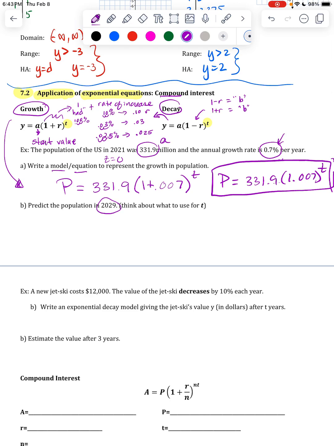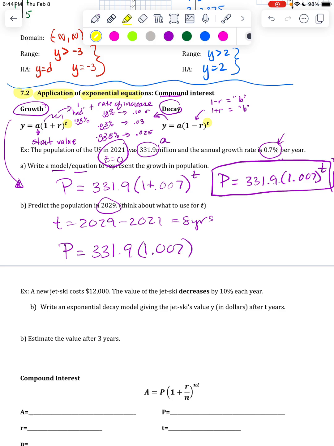Well, if your original time was 2021, you would find t by saying 2029 minus my start time of 2021 is 8 years. So I'm just going to put that in and say the population is 331.9 times 1.007. Notice that that b value is greater than 1, which is why it's growth, because I added to the 1.